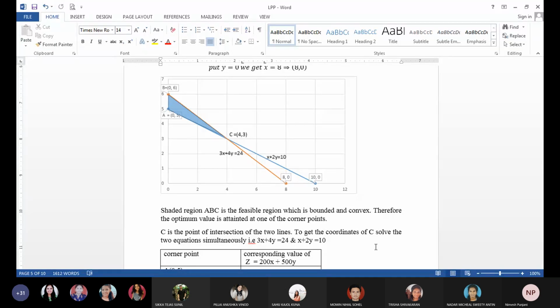So quickly solve them and check whether the coordinates of C come out as 4,3 or not.